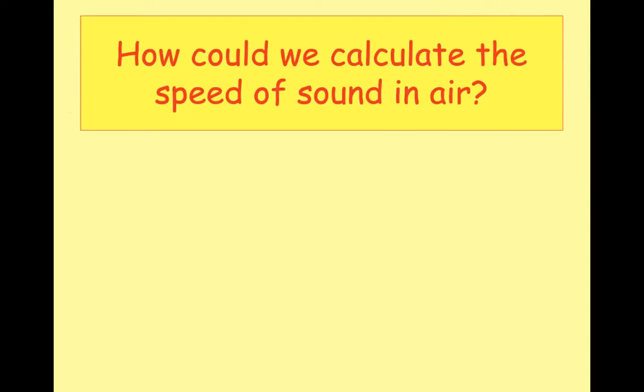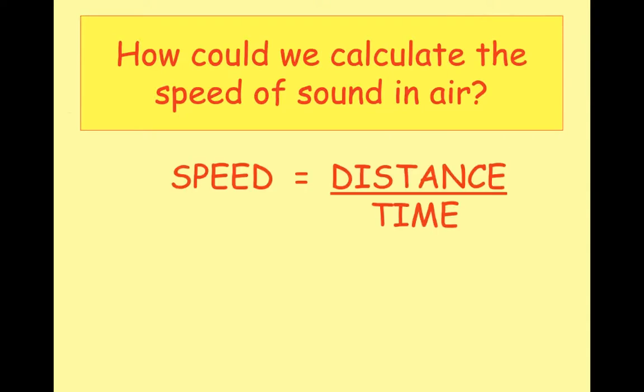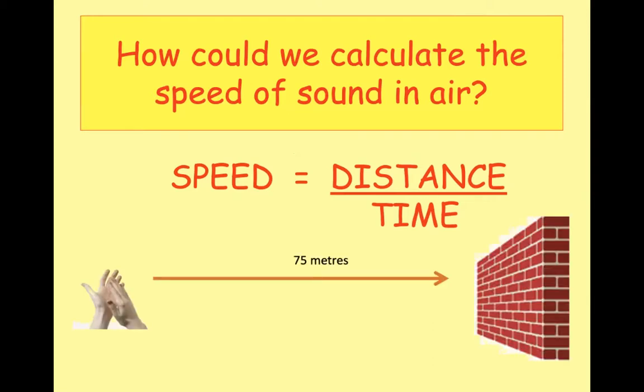How can we calculate the speed of sound in air? We use the formula speed equals distance over time. Let's say, for example, I'm standing 75 meters away from a brick wall, and I start to clap my hands. The sound wave will travel from my hands all the way to the wall and bounce back to where I am standing.